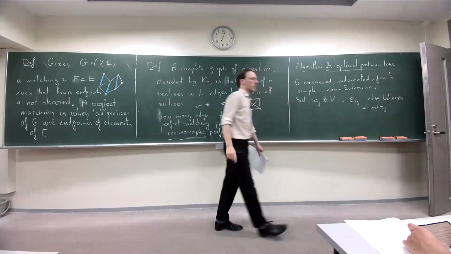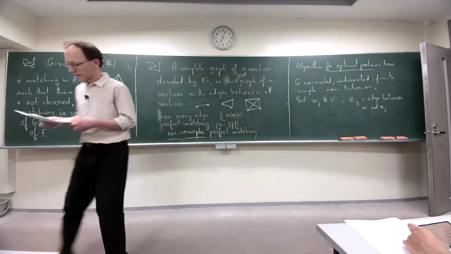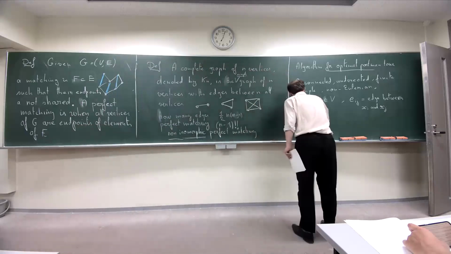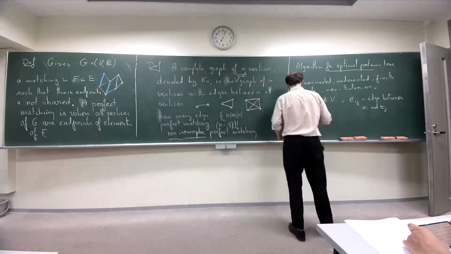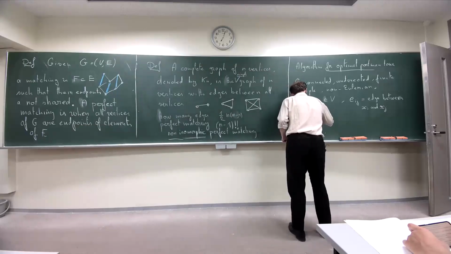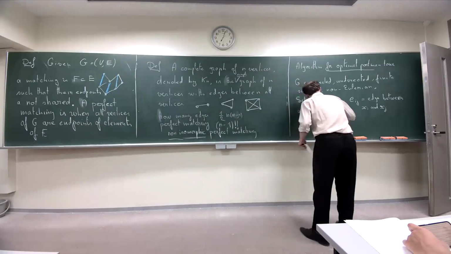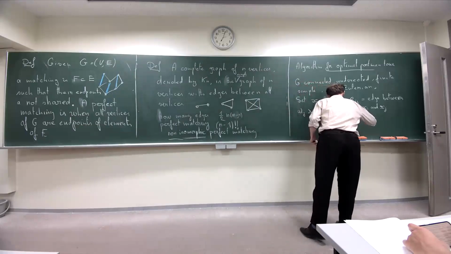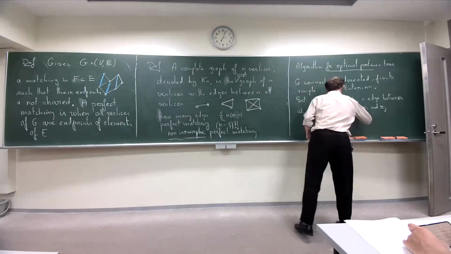And since it is simple, if we have one, there exists only one. And I denote by wij, bigger or equal to 0, the weight on eij.